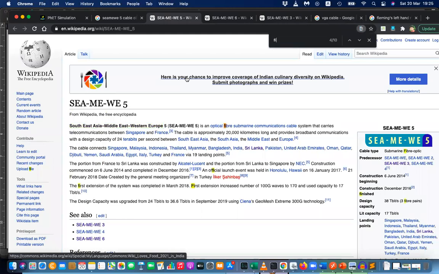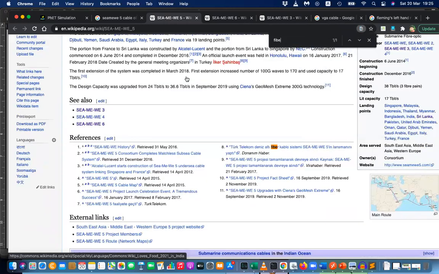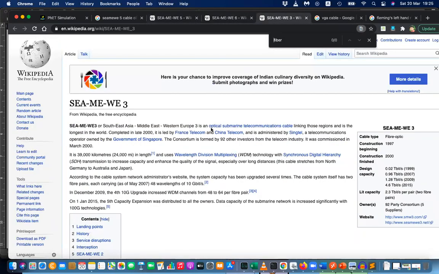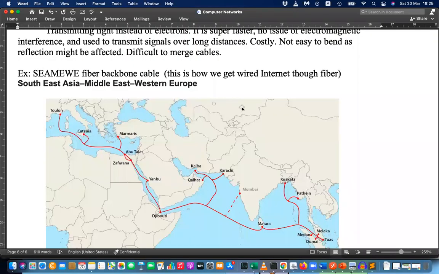You can see fiber. In CMEV3 this word fiber is not there, but anyway. Here, two fiber pairs, you can see. 10 gigabit per second is the estimated speed of this line.